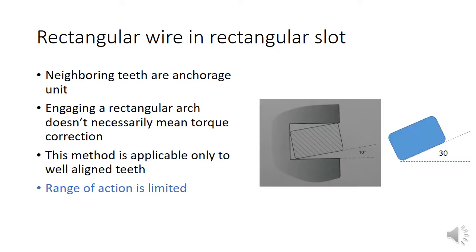And the last point about using a rectangular arch wire to control the torque is the range of action. Because of difficulty in engaging the activated rectangular arch wire, and also because the activation of a rectangular arch wire is very delicate, especially if it is only for one tooth, you may need to do it several times till you get the desired result.